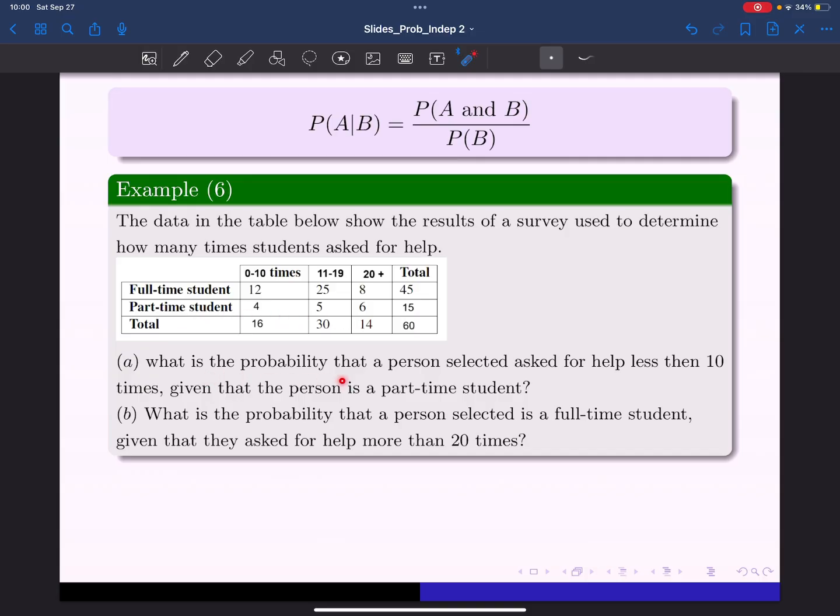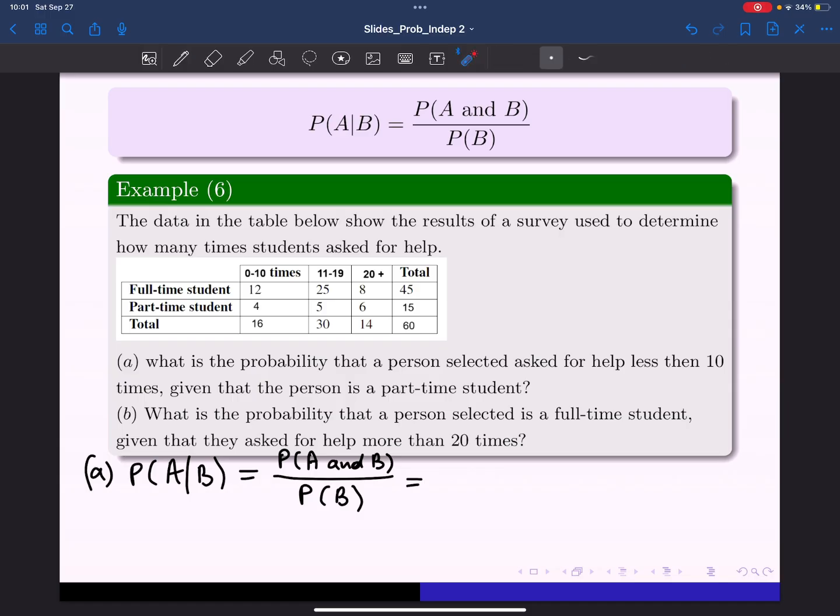What is the probability that a person selected asks for help less than 10 times given that the person is a part-time student? So the probability of A given B is equal to the probability of A and B divided by the probability of B.